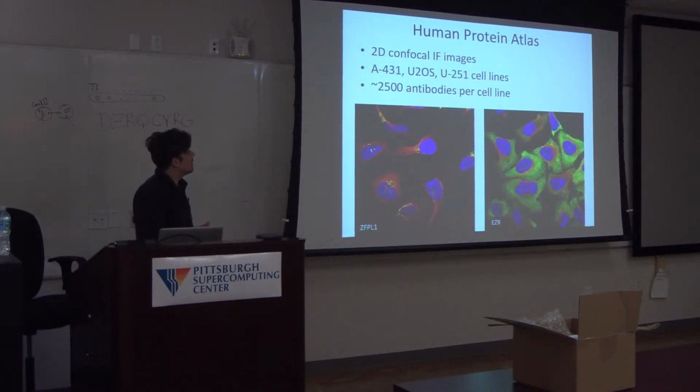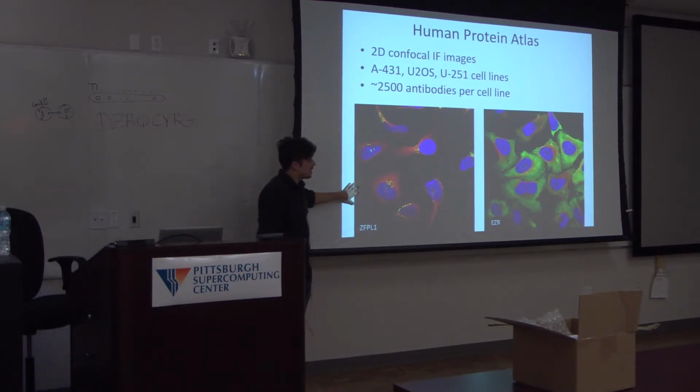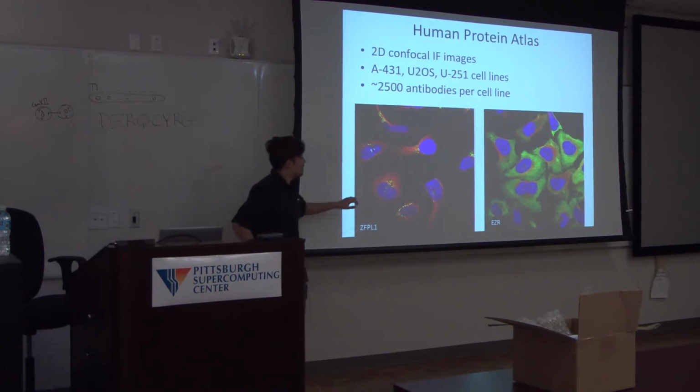One of the faults of the Human Protein Atlas is that all of these images are painstakingly manually annotated by the people who work here. And you can ask Devin about how fun that is, because he's working there and has to manually annotate these images as part of his workflow.